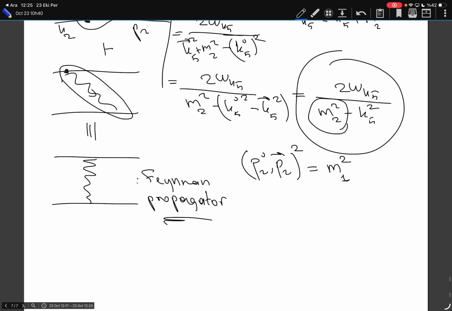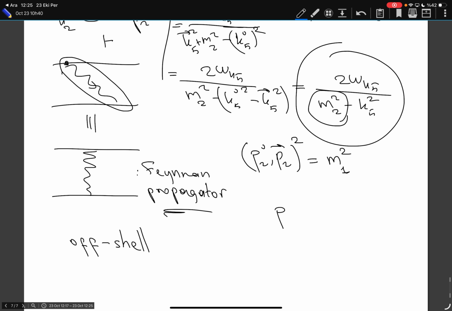In fact, if it is equal to mass squared, you will get divergences. So that intermediate particle is so-called off-shell. This is just the terminology we will be using. We can have on-shell particles. Those are particles for which their 4 momentum squared is equal to their mass squared. This is the on-shell. Off-shell particles are particles whose 4 momentum squared is not equal to their mass squared.